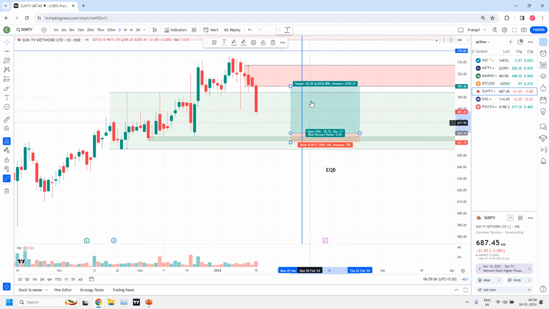Your stop loss is 8 rupees, target is 40. So how much is it? 5 times. 8 into 5, 40 rupees. So 5 times reward. You need not calculate that also. This tool is showing it here. This is the bottom text, this is the top text, and this is the middle text. What is the middle text saying? The risk reward. It is 5.04. That means 1:5.